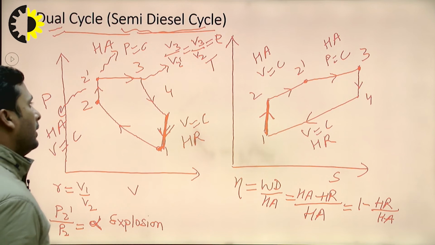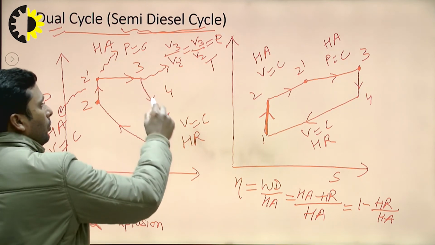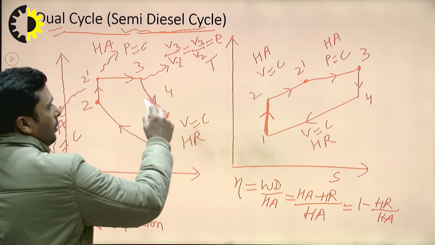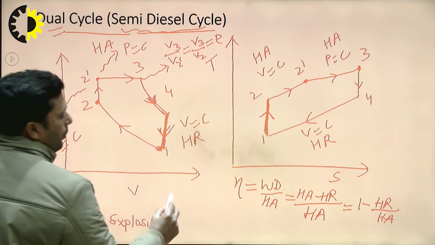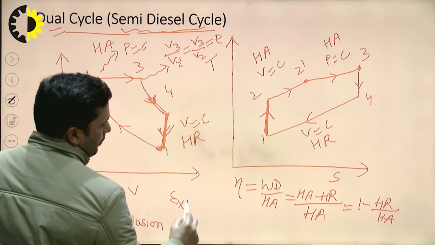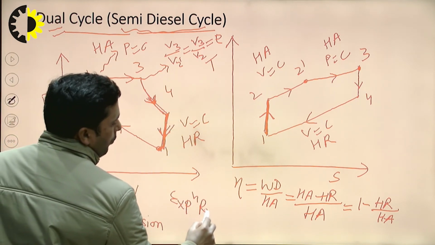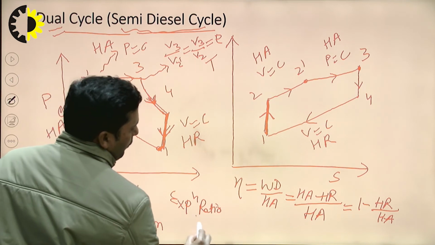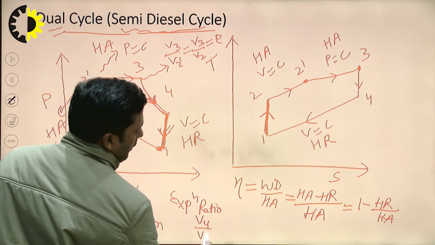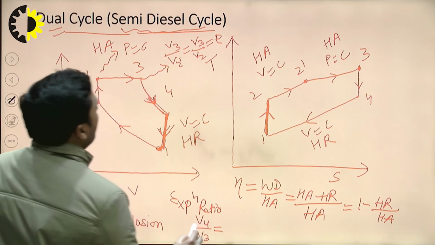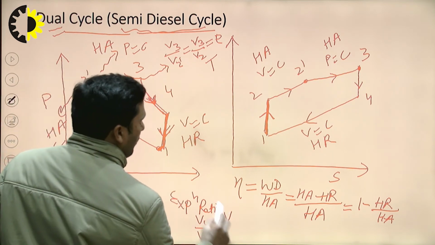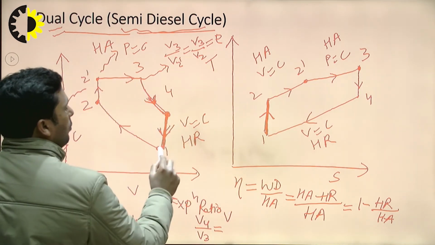And the expansion ratio V4 by V3 is equal to V1 by V3, because from the PV diagram V4 is equal to V1.